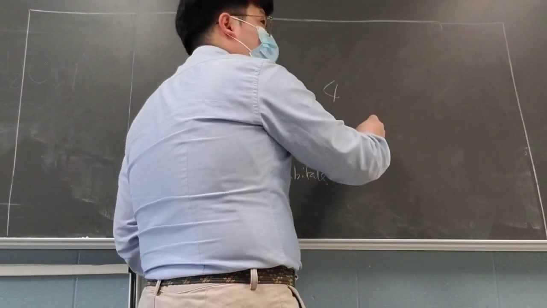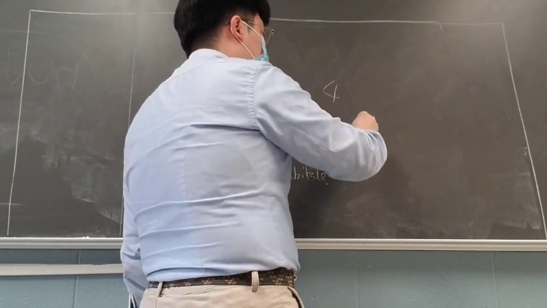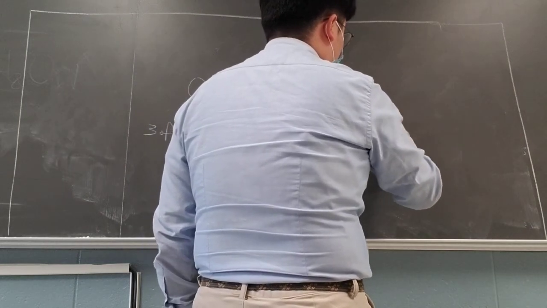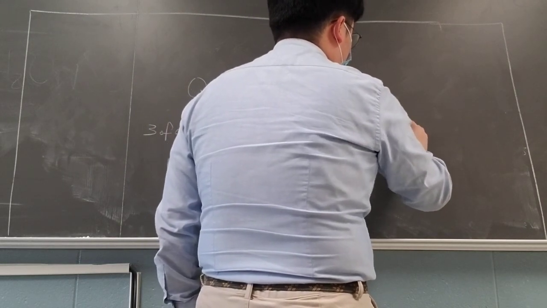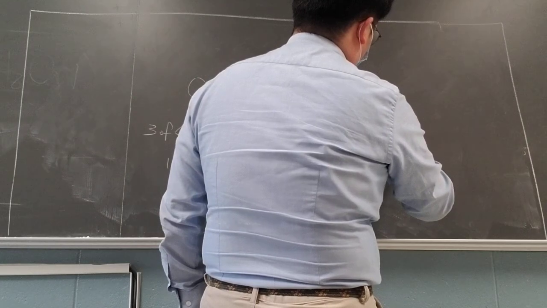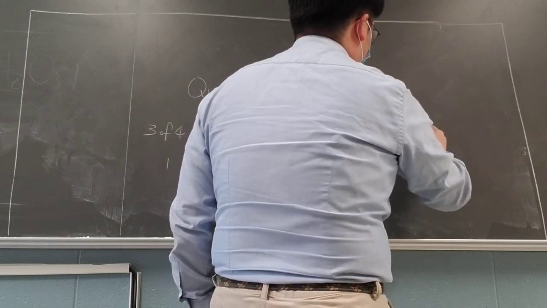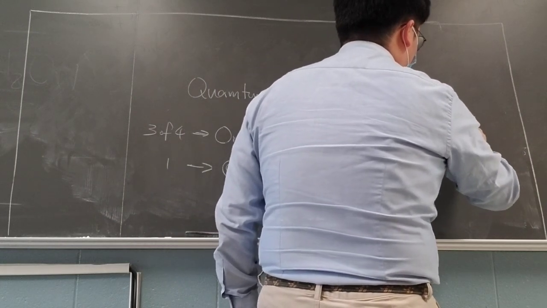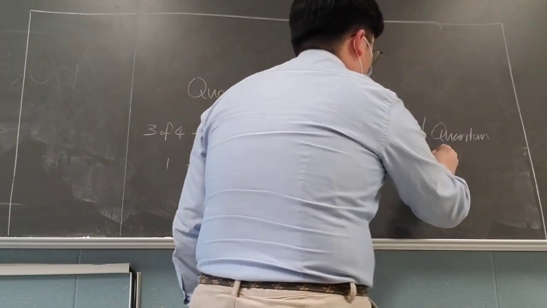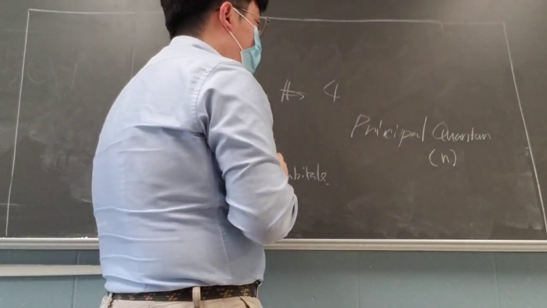The first one we're going to discuss is the principal quantum number. We denote it as n, small n.